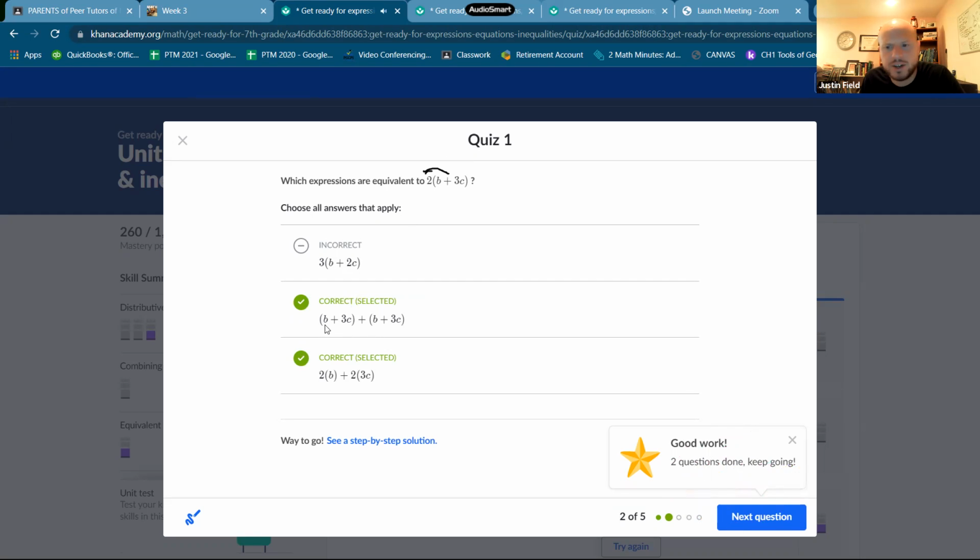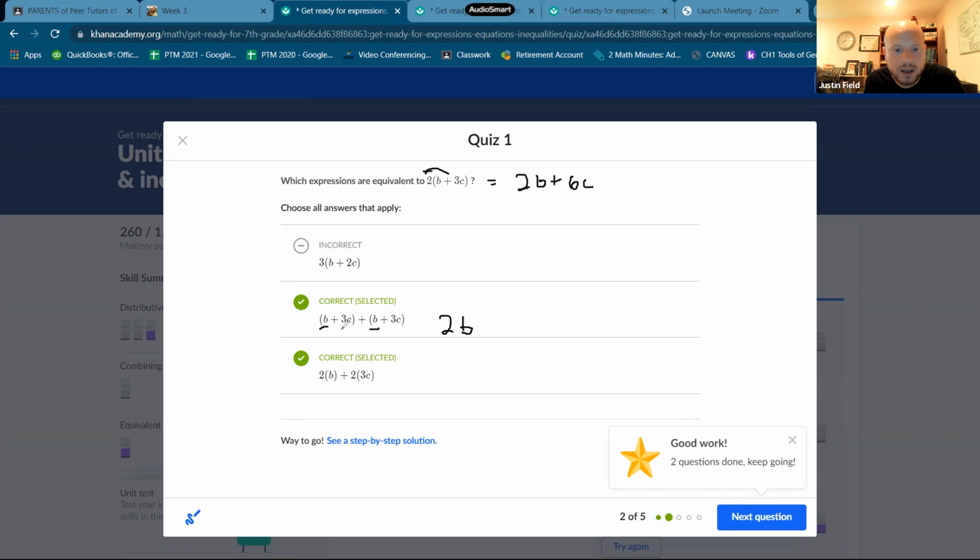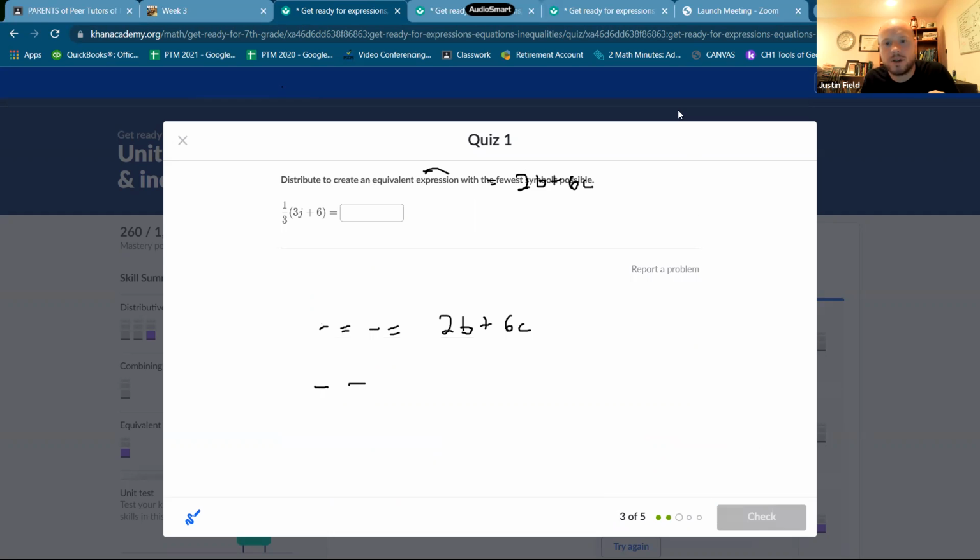For this one, I had to do the math in my head to figure out what would work. So I knew that this would be 2b plus 6c. And then if we add these b's together, that's 2b. And if we add these 3c's together, that's 6c. And then here, that's 2b, and 2 times 3 is 6. So do the problem and then do the work for the multiple choice and match them up.